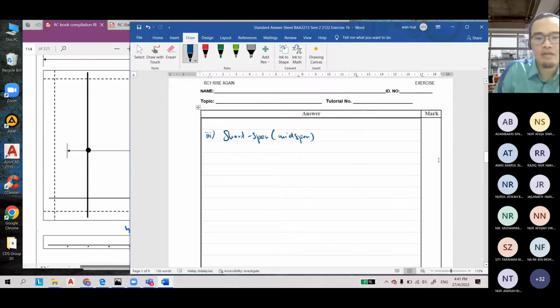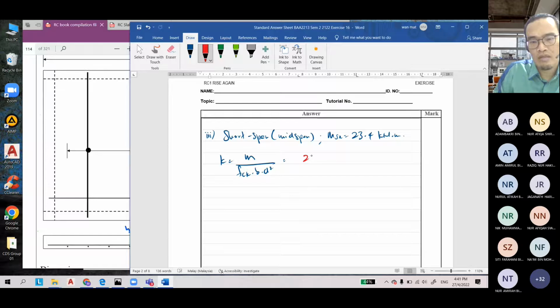Okay, mid span, our MSX is equal to 23.4 kilonewton meter. So our K is equal to M over FCK b d square, 23.4 times 10 to the power of 6 divided by 30 times 1000 times 114 square.